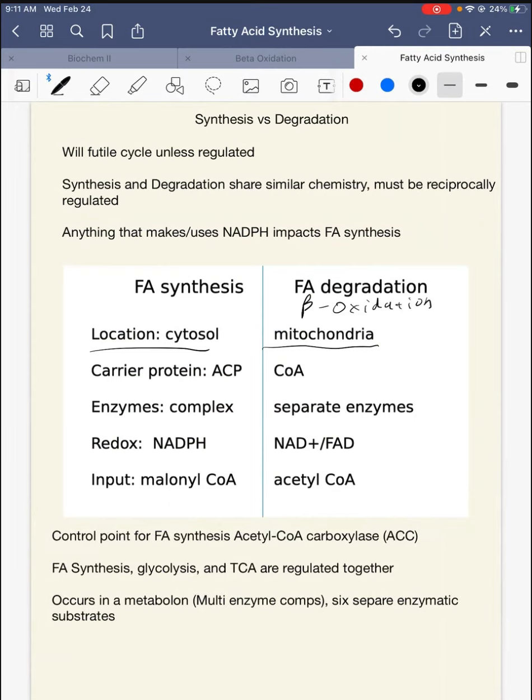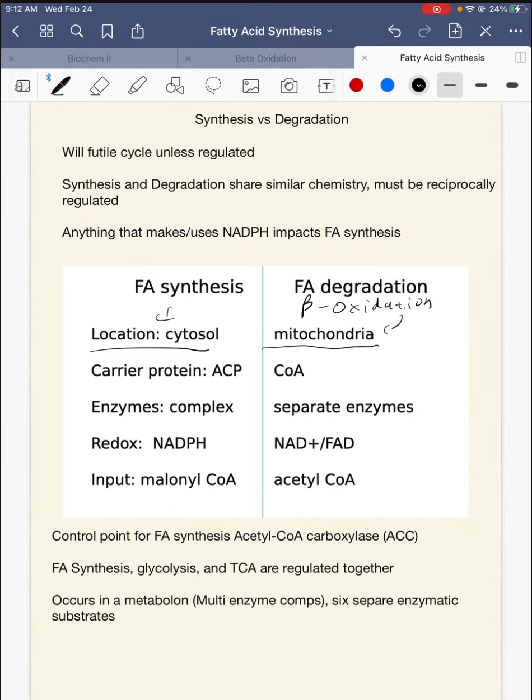Because these two pathways share very similar chemistry, if we run them in the same organelle, they'll just create a futile cycle, and the cell will lose a lot of energy in the process, because then we'll just be making fatty acids and then breaking them down. So the one way the cell regulates between these two pathways is by location. So fatty acid synthesis occurs in the cytosol, and then degradation happens in the mitochondria.